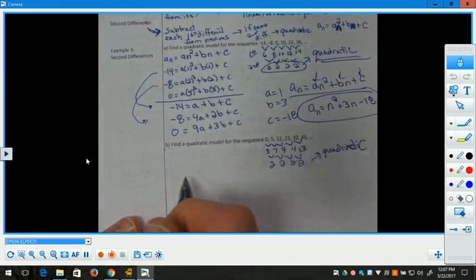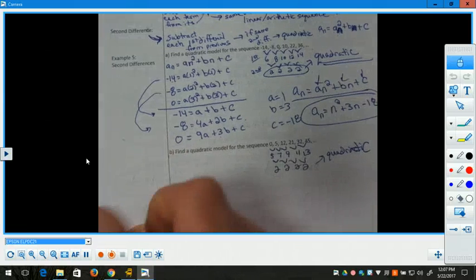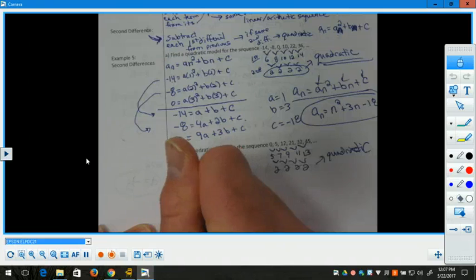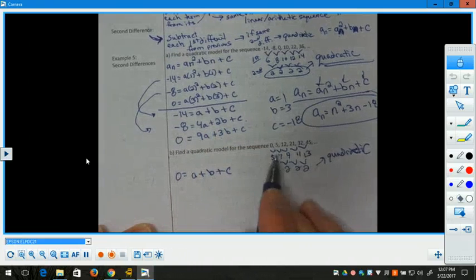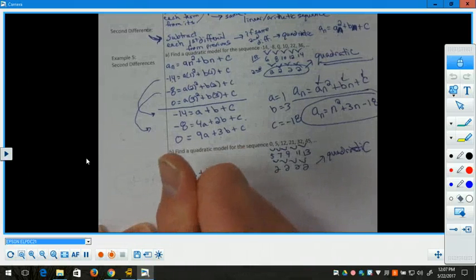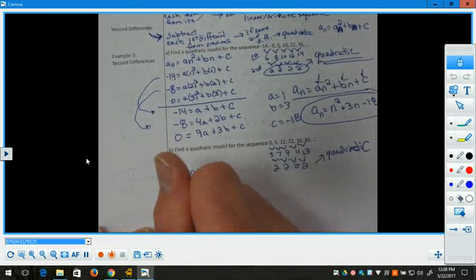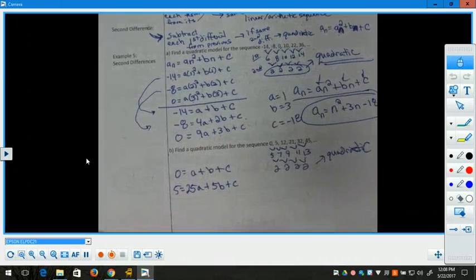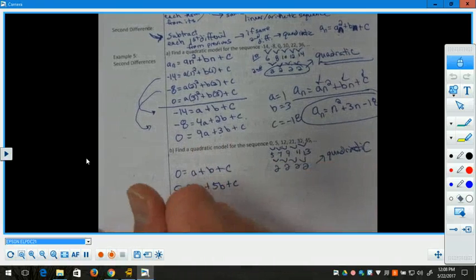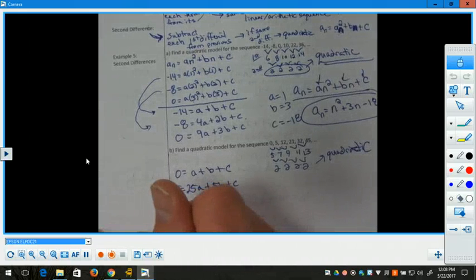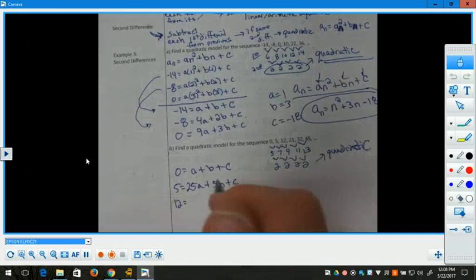So we set up our system. We have the first term being 0 equals A plus B plus C. The second term being 5 equals 25A plus 5B plus C. The third one being 12 equals 3 squared, or sorry, that's position 2, not 5.